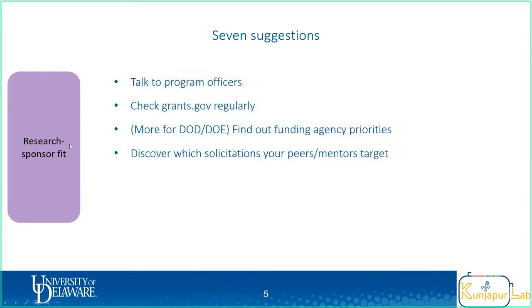So starting with the research sponsor fit. I find that there's multiple sources of getting this information, and when you're just starting out, this was overwhelming. And so I would look at the grants.gov list maybe initially with certain keyword searches just to get a lay of the land of what agencies could be applicable.